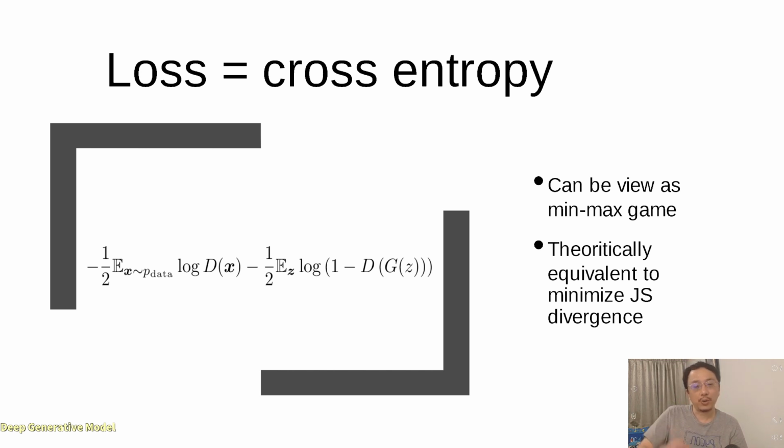Also, which we will see in a little more detail later, if we train our models according to these laws, theoretically our model is going to minimize the Jensen-Shannon divergence.